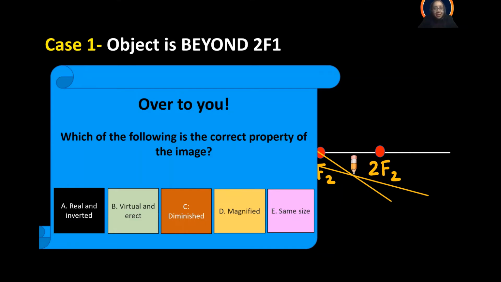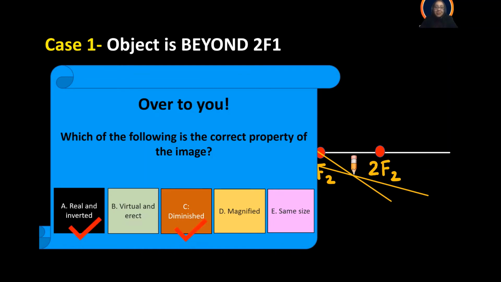You can choose more than one option. Write the correct answer in the chat. What is the correct property of the image formed? Whether it is real and inverted, virtual and erect, diminished, magnified, or same size. Write down the answer in the chat.